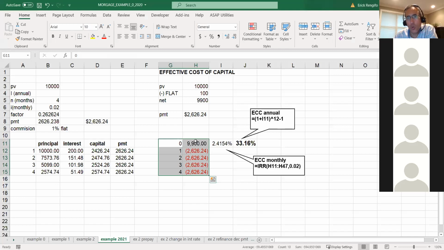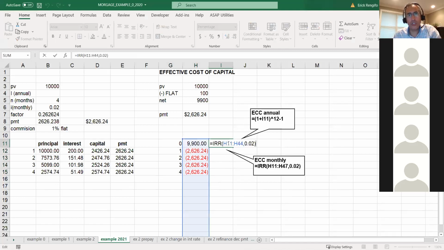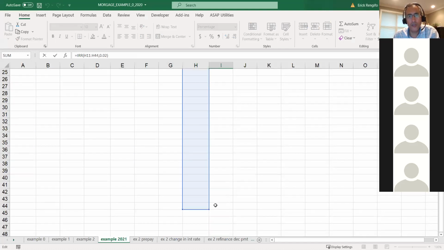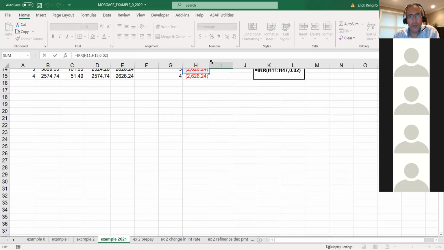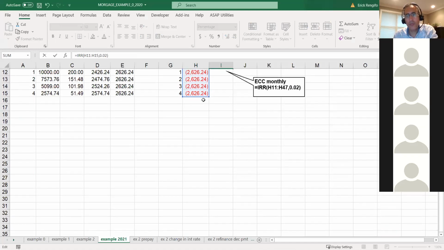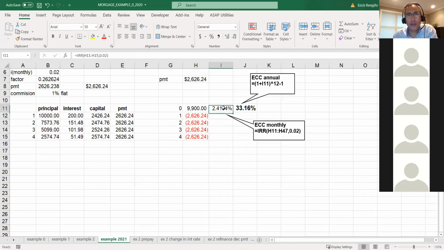Once I have this cash flow built, what I do is I simply do the internal rate of return technique. Of course, this is for a previous example. So you simply do internal rate of return like that. Make sense?